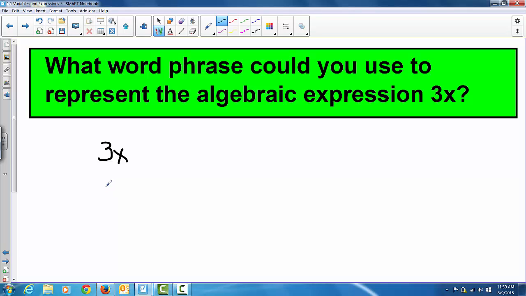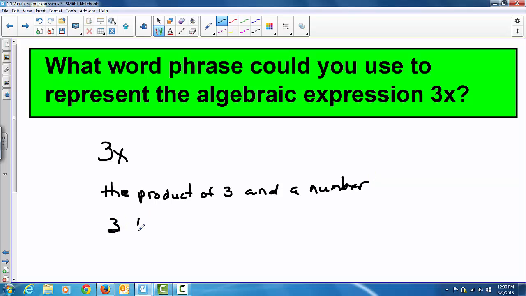We could write the product of 3 and a number, or you could write 3 times a number, or you could write 3 multiplied by a number.